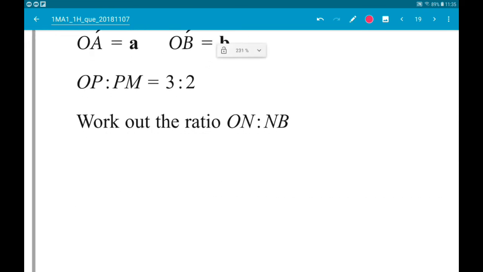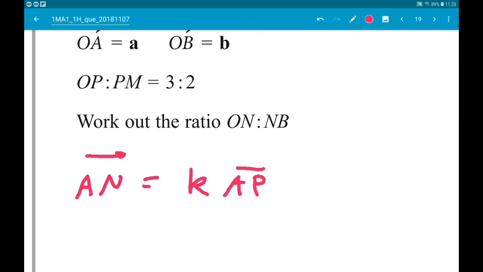So A to N is some multiple that we're going to call K. So it's some multiple of A to P.